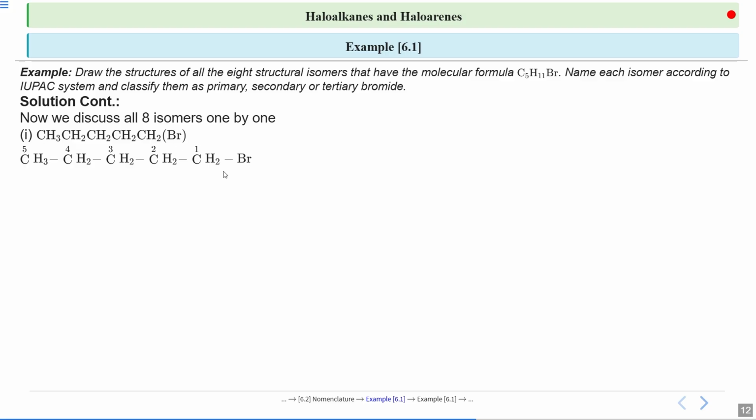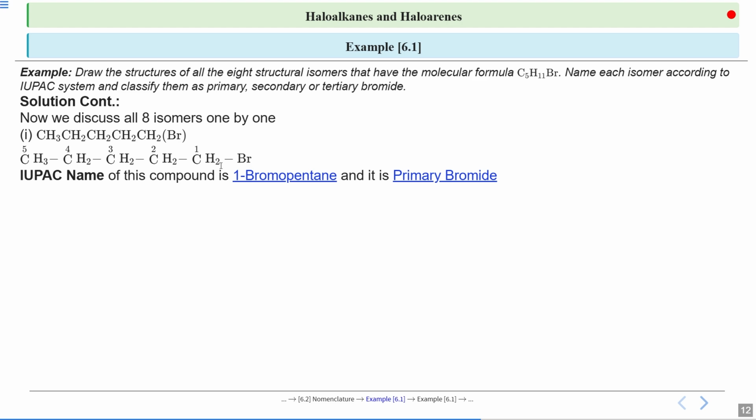When you number it, the carbon at which bromine is present should get the lowest possible number, so let's say it is 1. 1, 2, 3, 4, 5. The IUPAC name of this compound will be 1-bromopentane, because at first position we have bromine, and then we write the name of our alkane, pentane. It is a primary bromide because the bromine is bound to a carbon which is bound to only one other carbon.